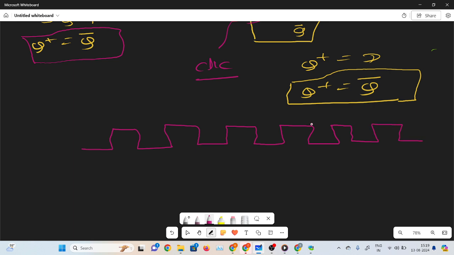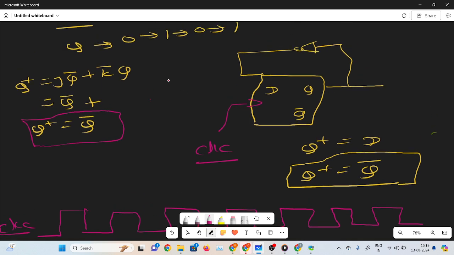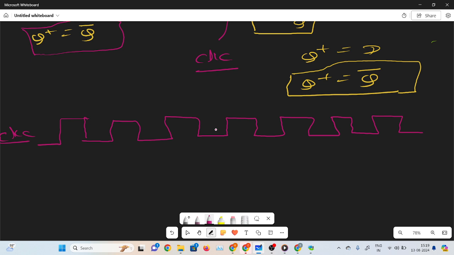Just focus on the concept. So this is the clock, and this is the positive edge triggered D flip flop, and this is the toggle mode equation. It is acting on the positive edge: this is the positive edge, this is the positive edge, this is the positive edge.